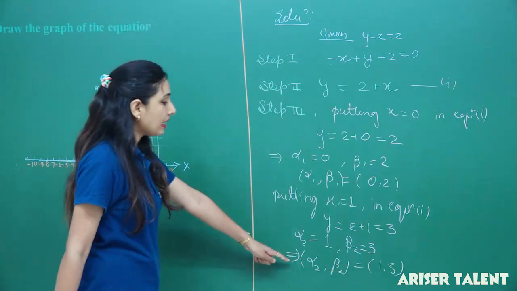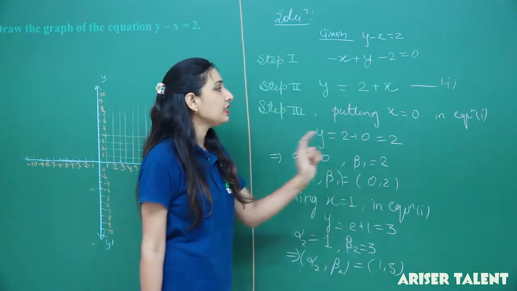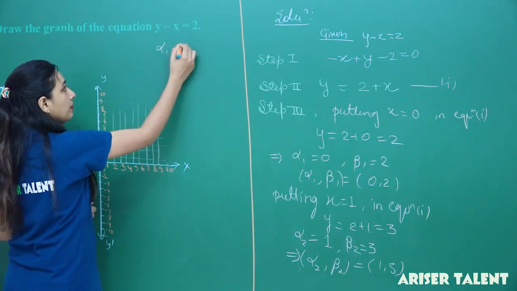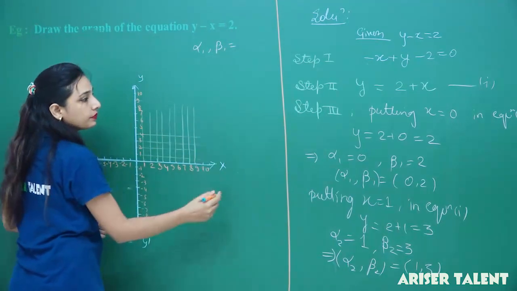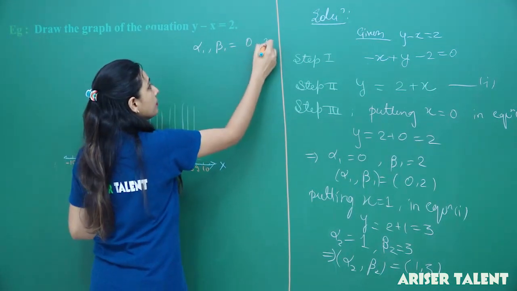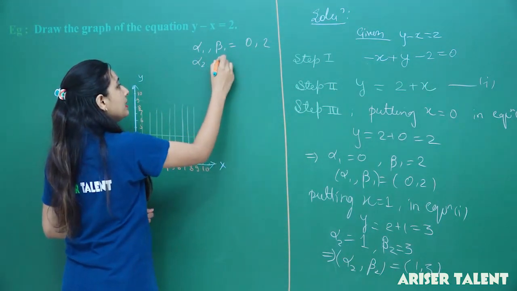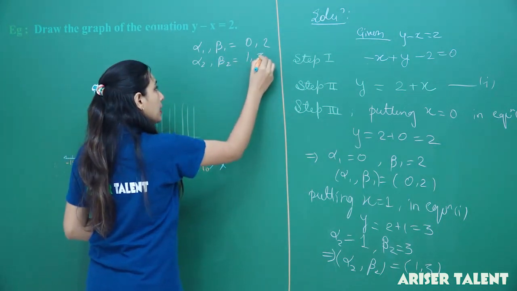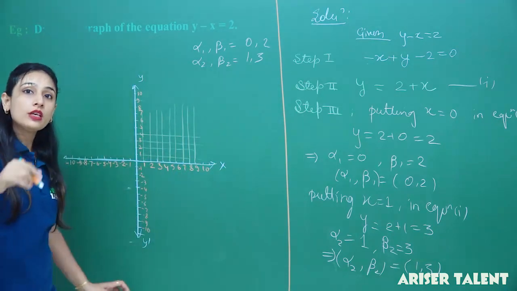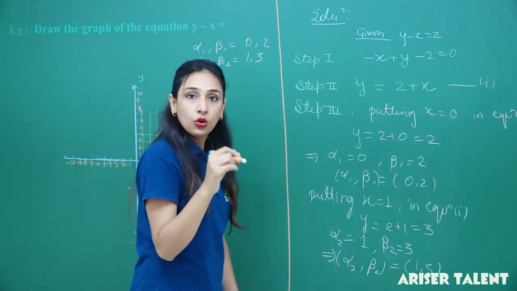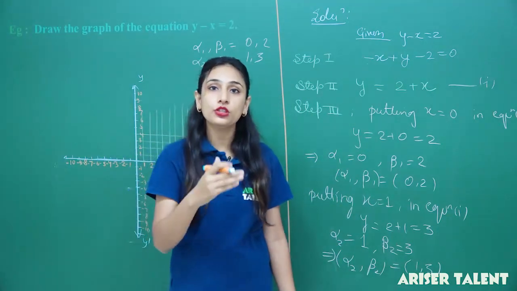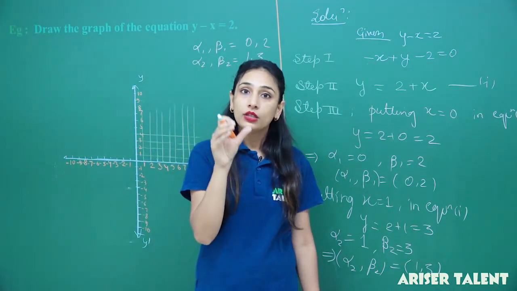Now students, I am getting alpha 2, beta 2's value and alpha 1, beta 1's value. So what will I do? I can write here alpha 1, beta 1 equals 0, 2; alpha 2, beta 2 equals 1, 3. Now students, these are 2 points' locations. These coordinates always represent the position of a point.